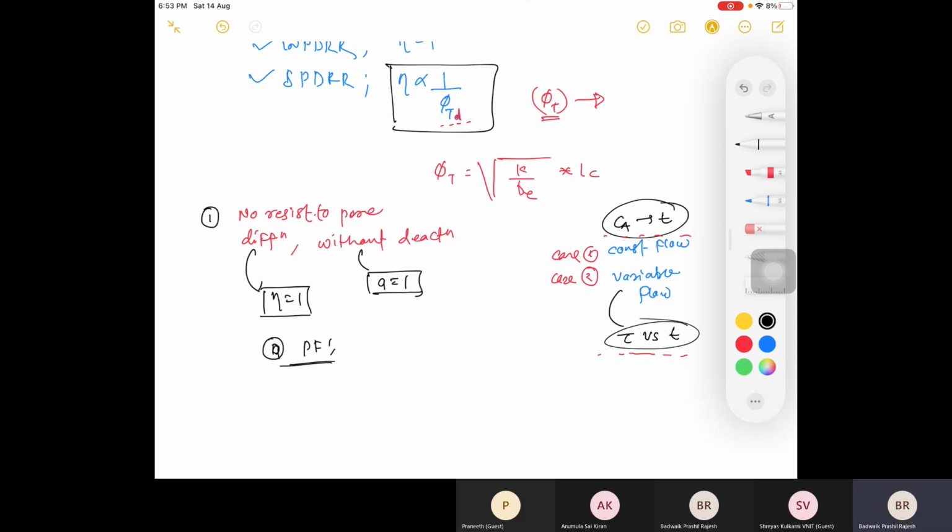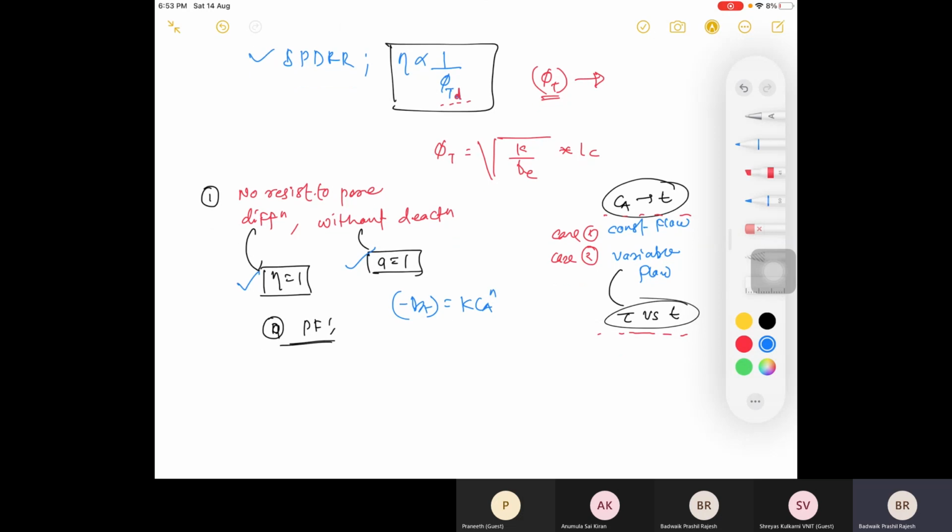it will be the same because I'm considering efficiency is 1 and activity is also equal to 1. So I'll be having minus Ra is equal to k Ca to the power n. There is no deactivation and no pore diffusion effect.